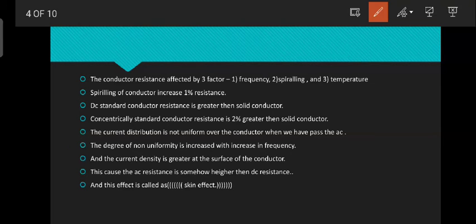The degree of non-uniformity increases with the increase in frequency. Later on we will see the skin effect.